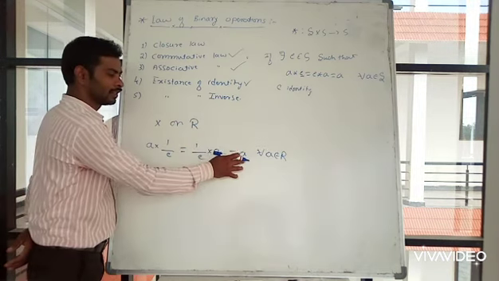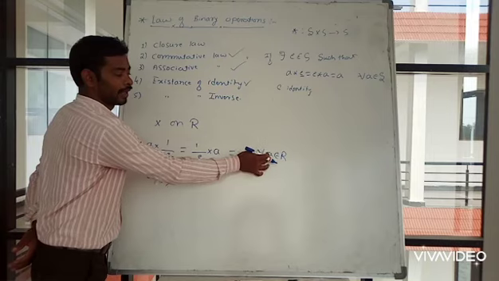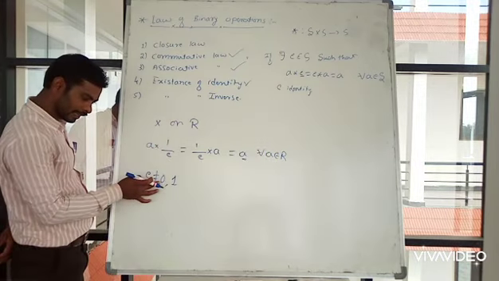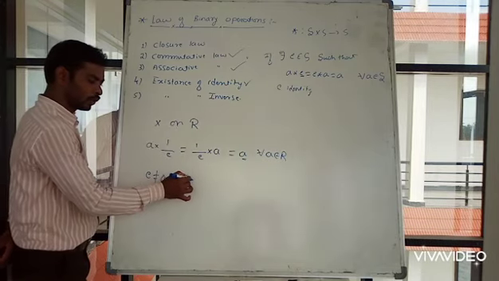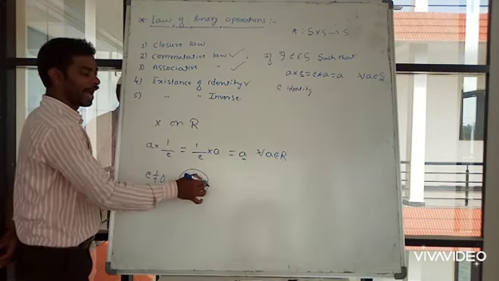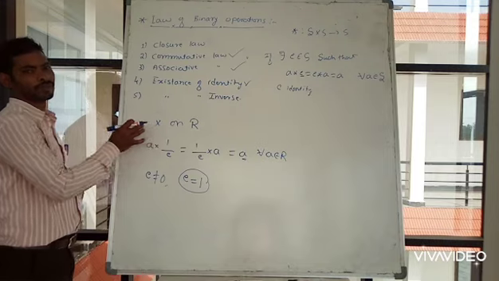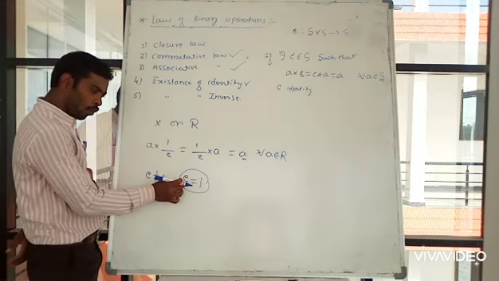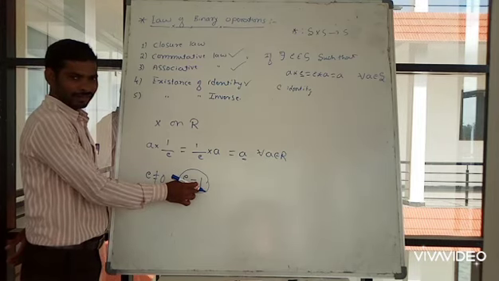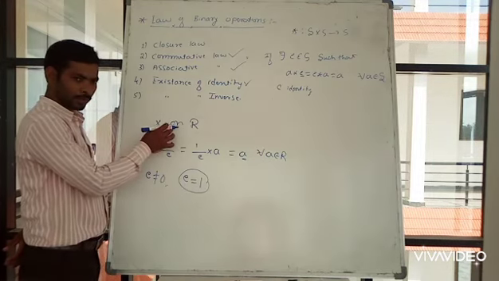There is no change in the value of the arbitrary real number. Therefore, e equal to 1 is the identity element under this binary operation, multiplication.